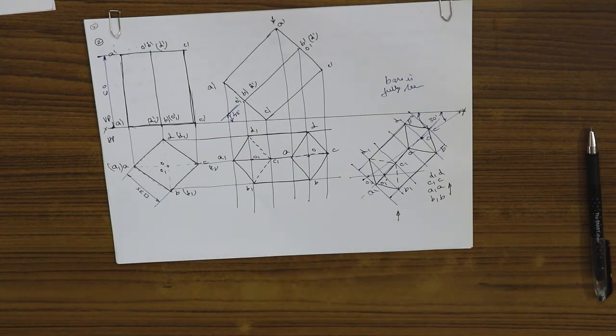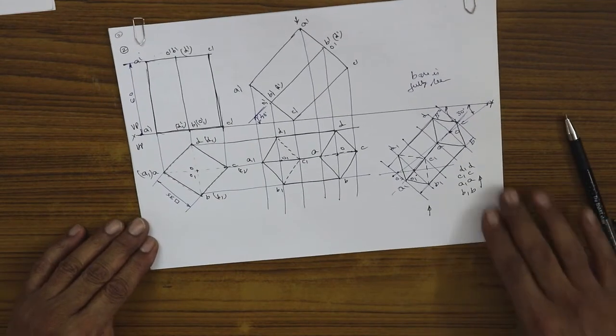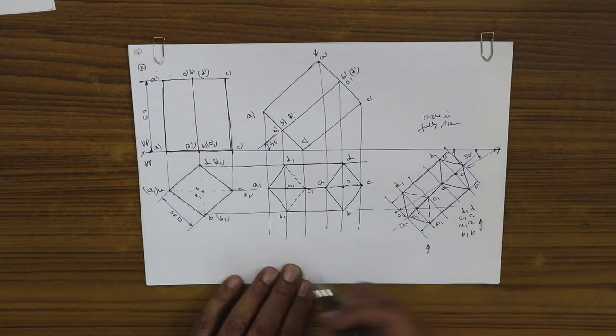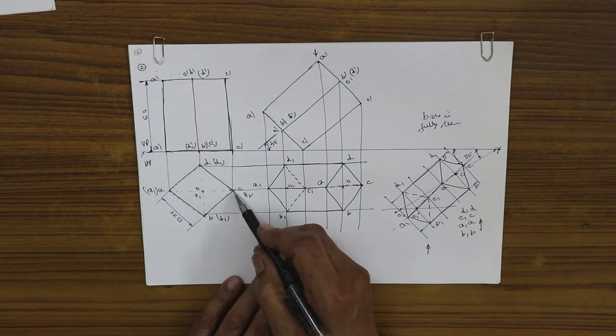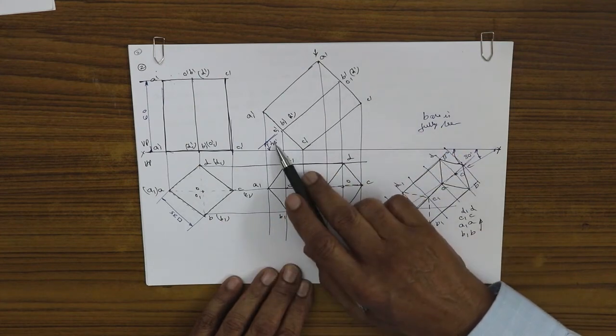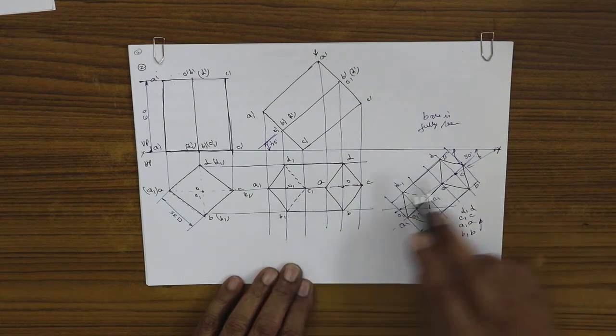So finally, the answer is ready for the present problem, a case of a square prism resting on one of its base corners. The axis is inclined to HP at 40 degrees and the axis is inclined to VP at beta angle.